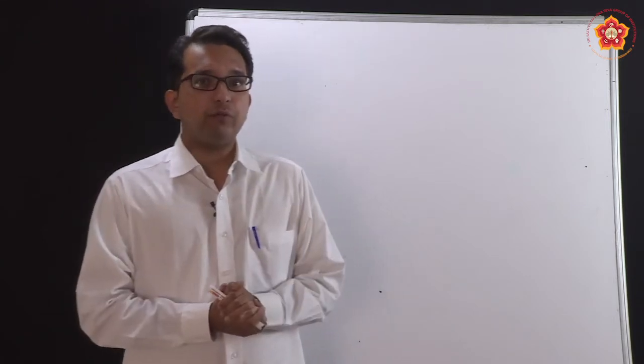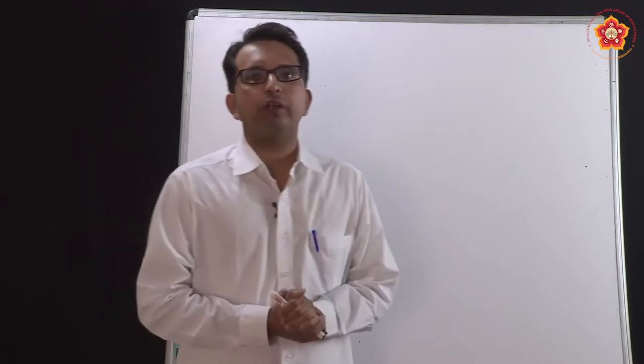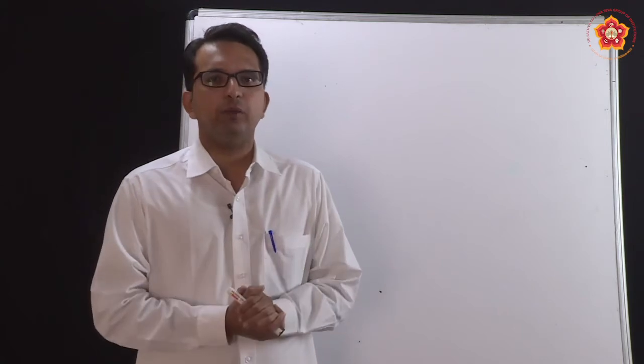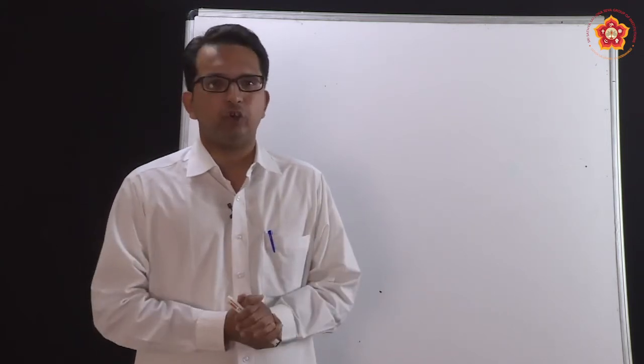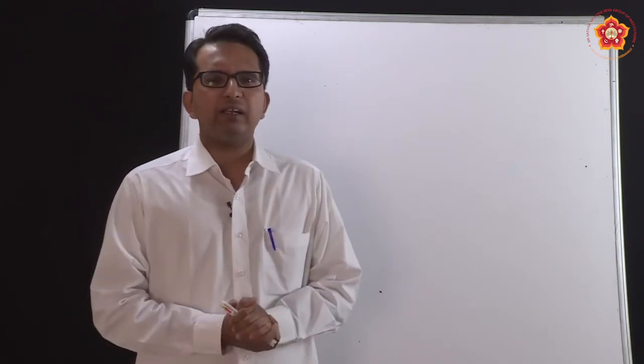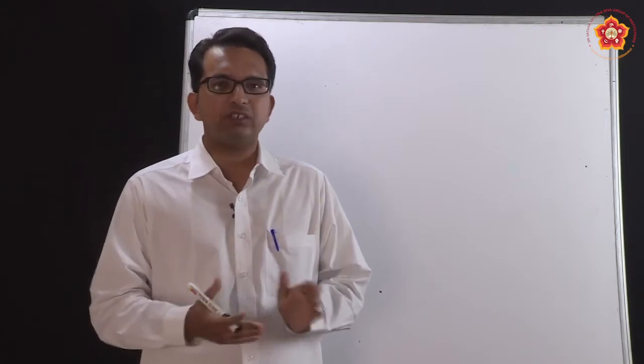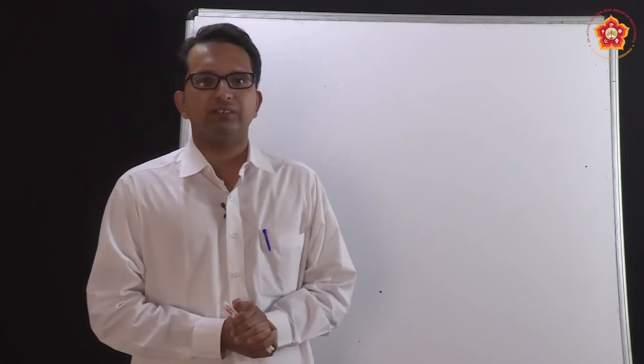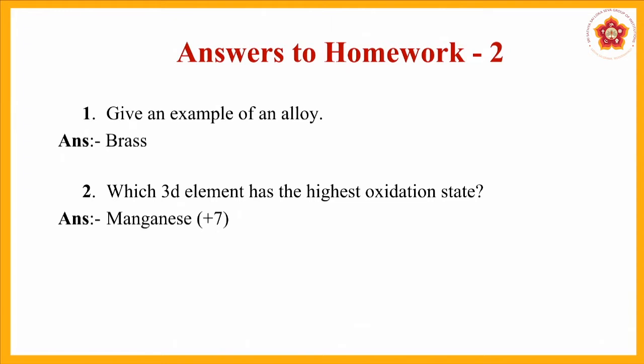Today we will be looking at one of those important compounds of the D block elements, which is potassium dichromate. But before that, let us see the answers for the questions that were offered in the previous assignment, so that we analyze all those answers by ourselves.